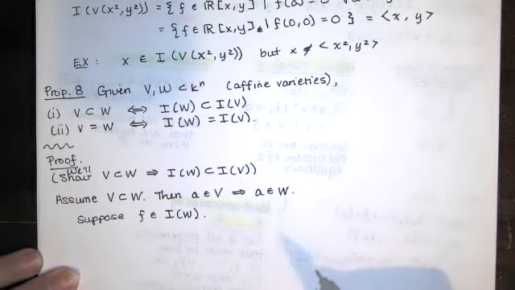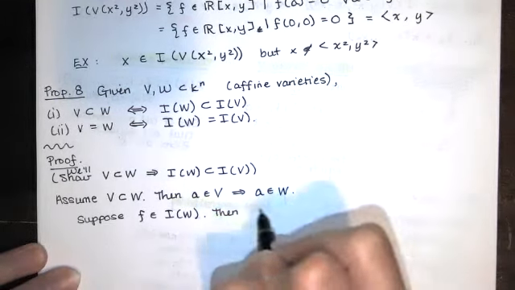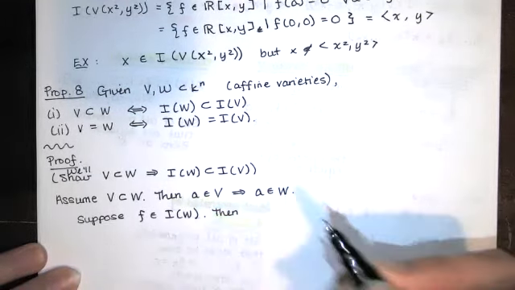The ideal of W is a set of polynomials that are all equal to 0 for every point of W. Since every point in V is also a point in W, the fact that this function is equal to 0 at all the points of W implies that that function is equal to 0 at all the points of V. Oh gosh, I keep saying it wrong.